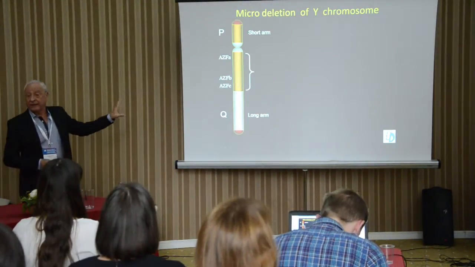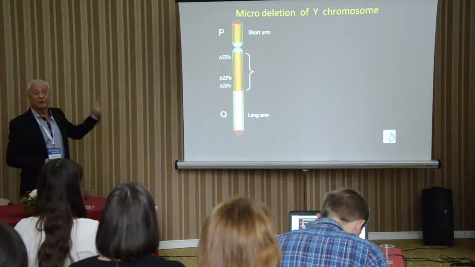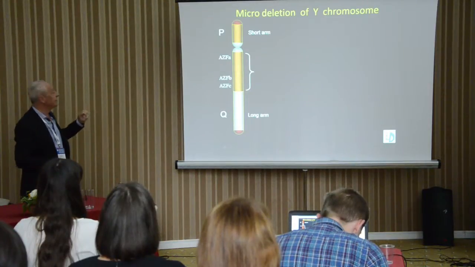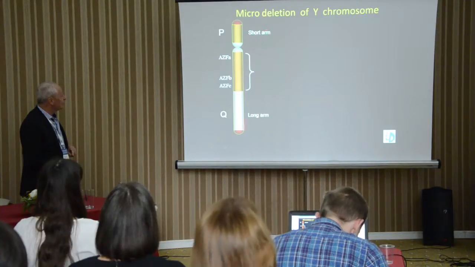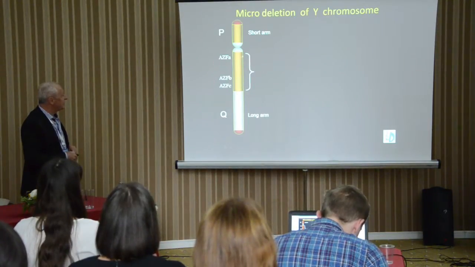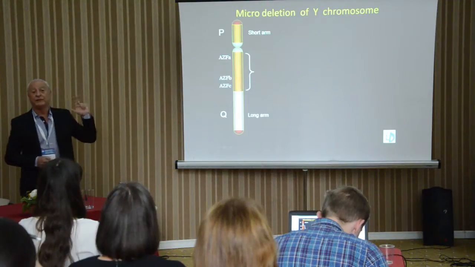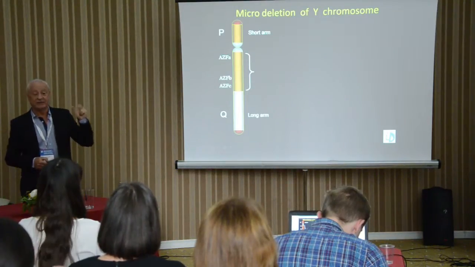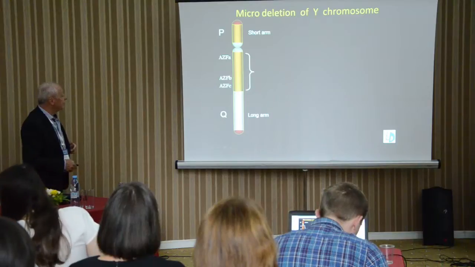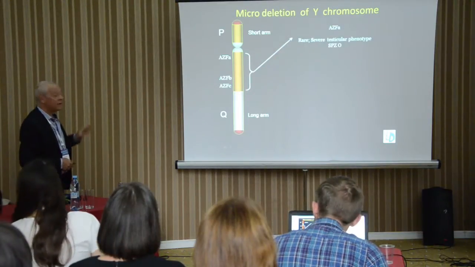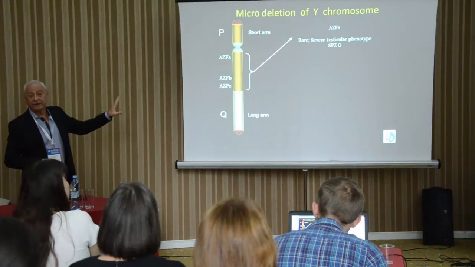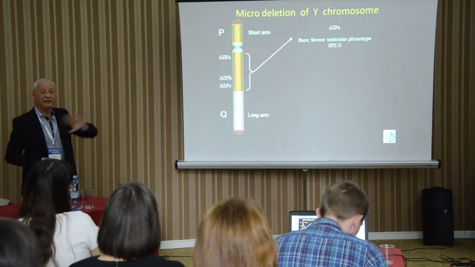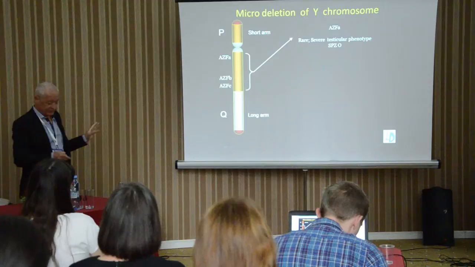Now we can also have this kind of abnormality on the chromosome: the microdeletion on the Y. You know that we have a short arm and a long arm, and in this area named AZF, you have three different regions, A, B, C. If there is a microdeletion on A, it's absolutely rare, it's severe, and we don't have any spermatozoa, no discussion.